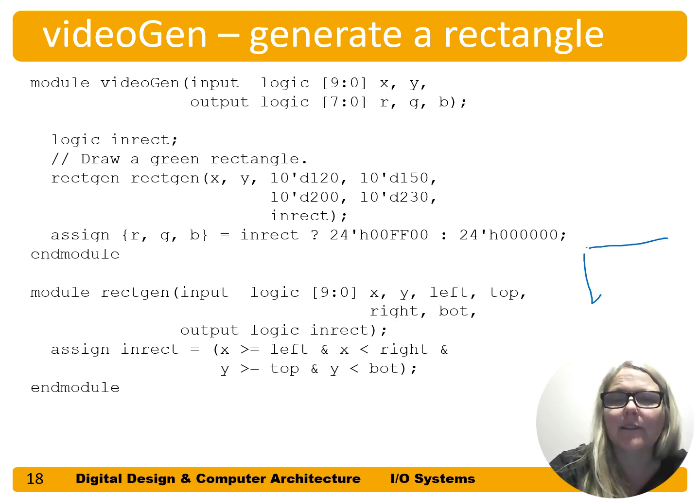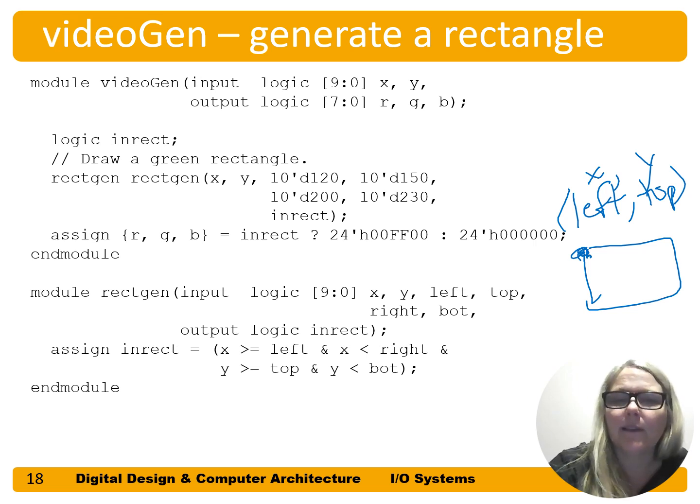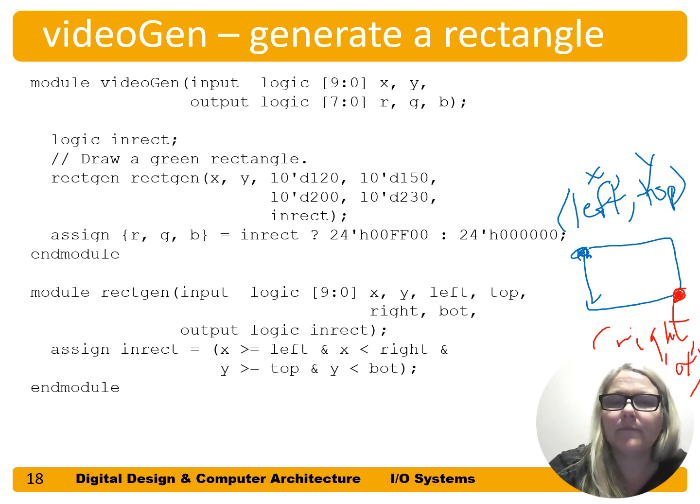So if we had a rectangle, this XY value is left top. That's the XY value of this corner here. And then the XY value of the bottom right corner is right bottom.